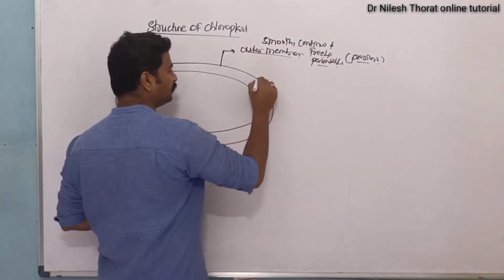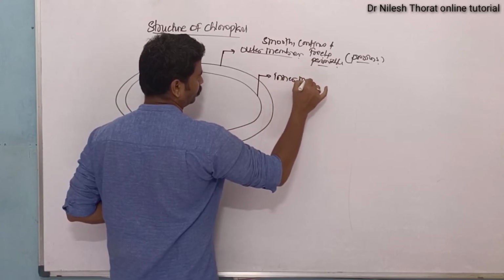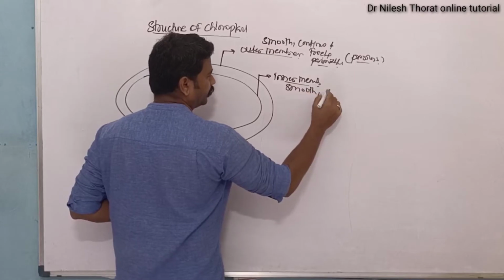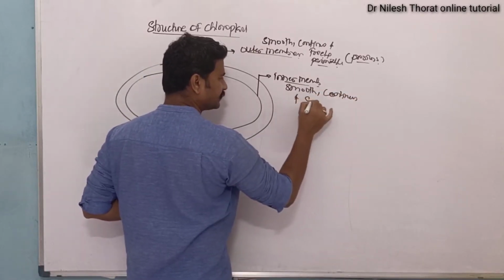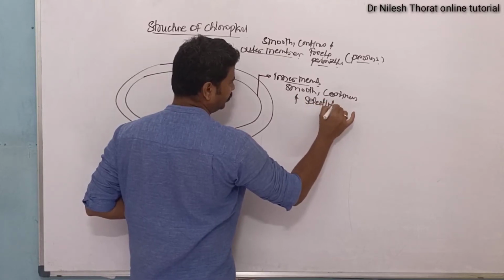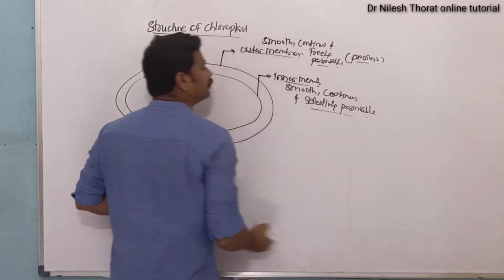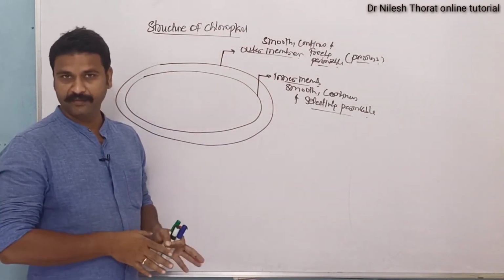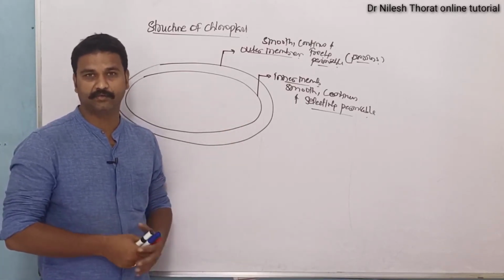Here the inner membrane is also smooth, continuous and selectively permeable. So the outer membrane is smooth, continuous and freely permeable, while the inner membrane is smooth, continuous and selectively permeable.